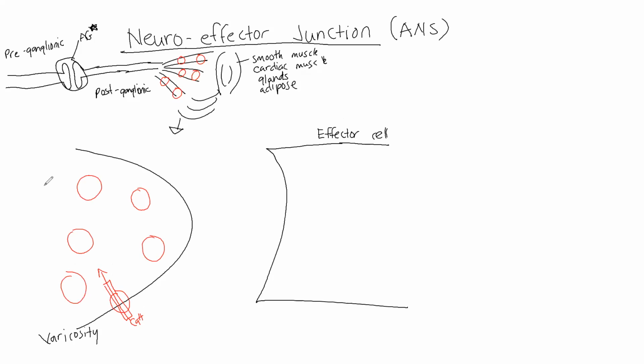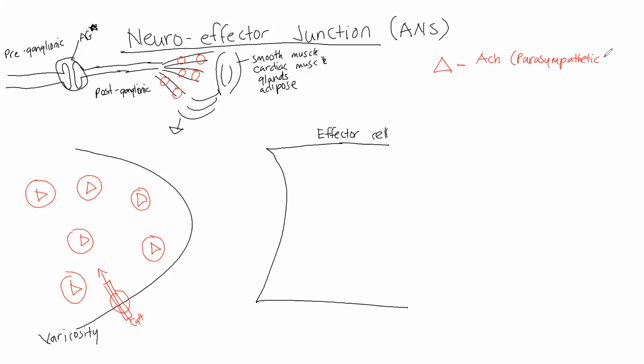Now, this is where things can get complicated. So remember, this can be a parasympathetic neuron. This can also be a sympathetic neuron. So there are two options for this neurotransmitter here, depending on where we are in the autonomic nervous system, okay? So I'll put it up here that this can be acetylcholine if we're in the parasympathetic system.